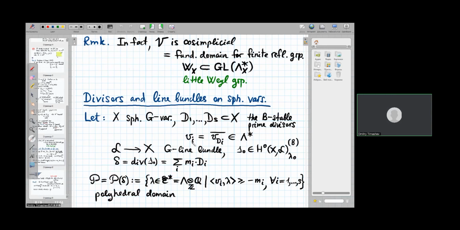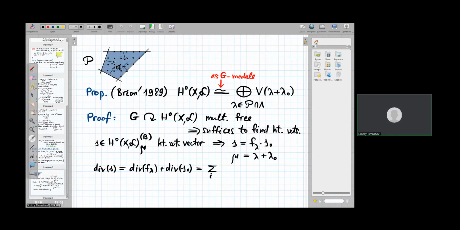And the vanishing orders are given by pairings of the weight lambda with these vectors vi. So the divisor of f lambda is of the form: the coefficient, which is a pairing of vi with lambda, times di.